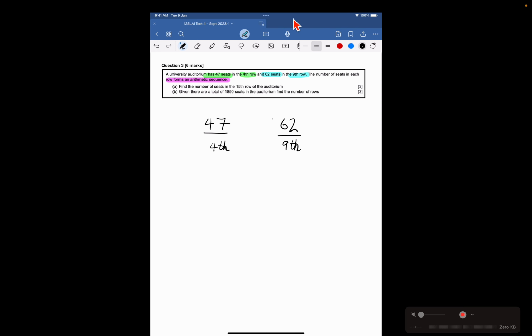Now just have a little think. From the fourth to the fifth, to the sixth, to the seventh, to the eighth, to the ninth. Can you see that was 5 jumps? Now this is arithmetic, so there's 4, 5, 6, 7, 8, 9, those are all the numbers in between.